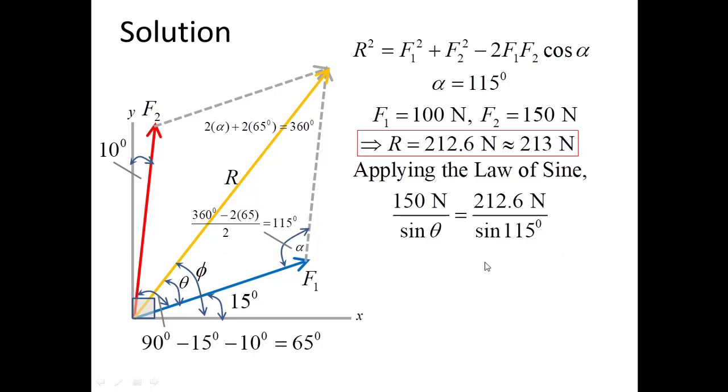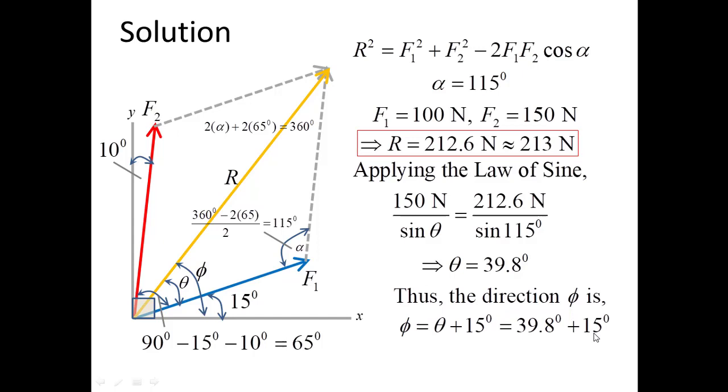Directly using the sine law, I can find that theta is 39.8 degrees. And because the direction of the resultant force from the positive x-axis is required, that is simply phi. In order to get phi, phi is equal to theta plus 15, which is simply 54.8 degrees.